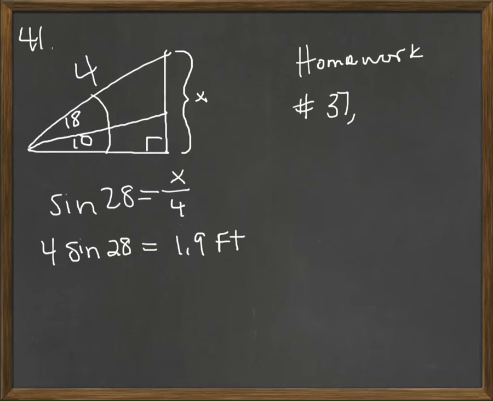So if you want to go back to the other video and watch that part, I've already done that one. 38, 40, 41, which I just did, and 43, which we did one very similar to earlier.